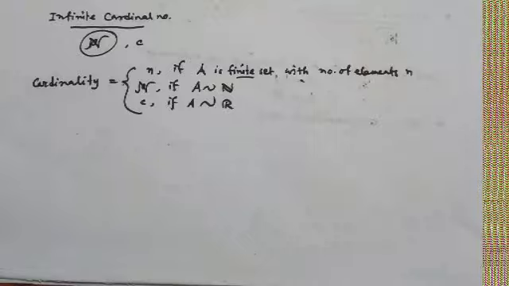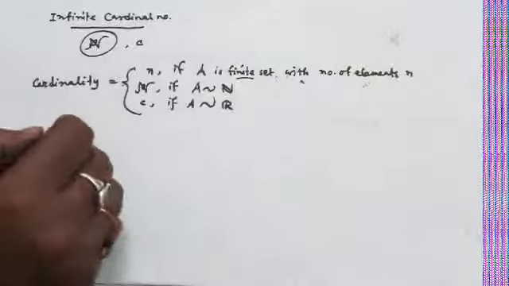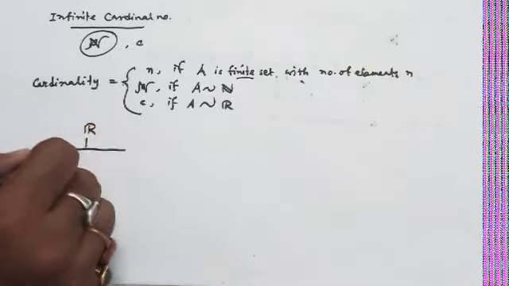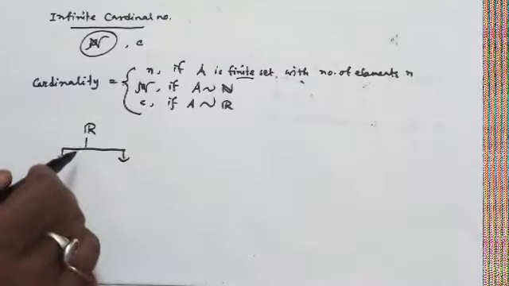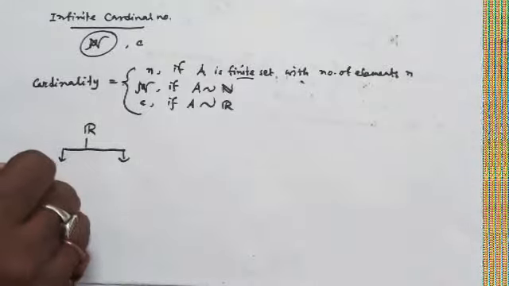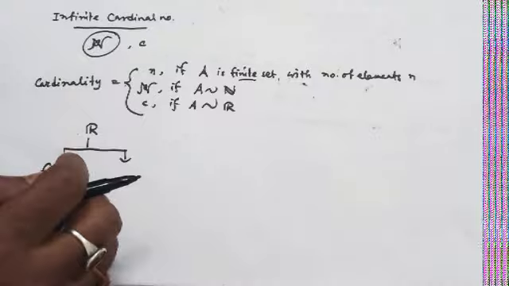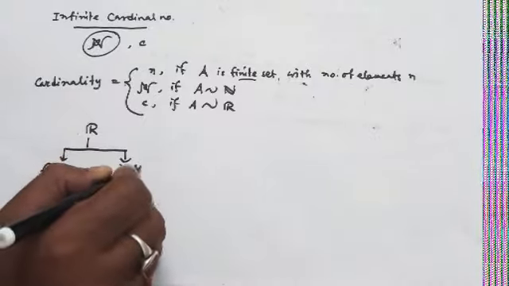This idea or notation will come again and again in our subsequent parts. Fine. So, if you simply try to understand the facts by a diagram, then we have R. From R we have two cases. A subset of R may be finite, it may be infinite.